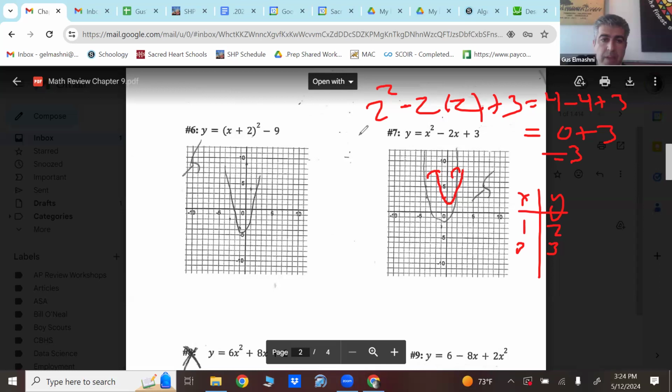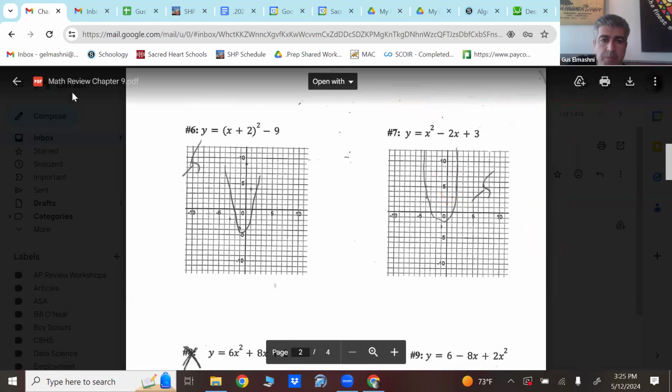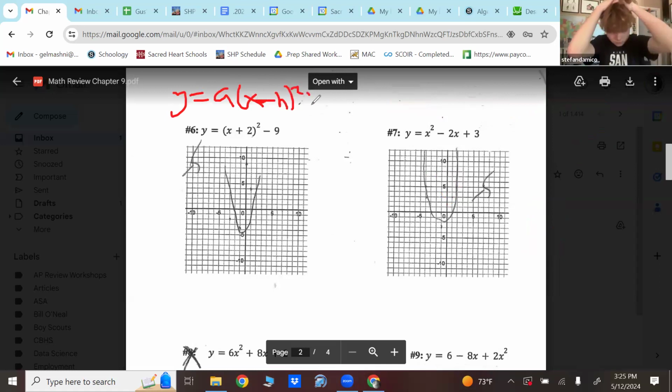Okay. Now this one here is a different form. So you have to compare this to the vertex form. You have to identify h and k.